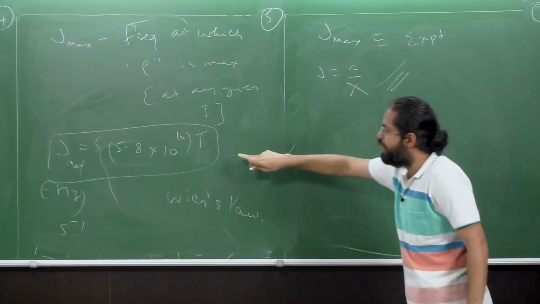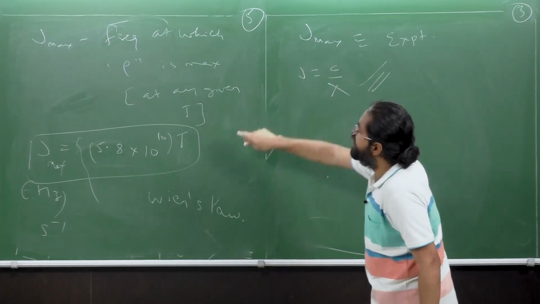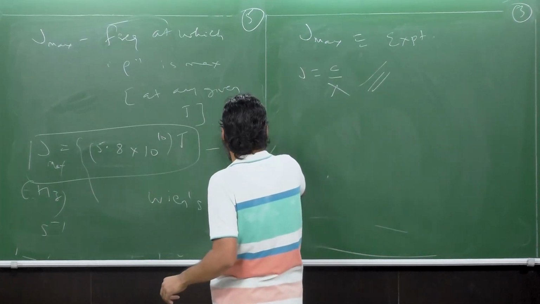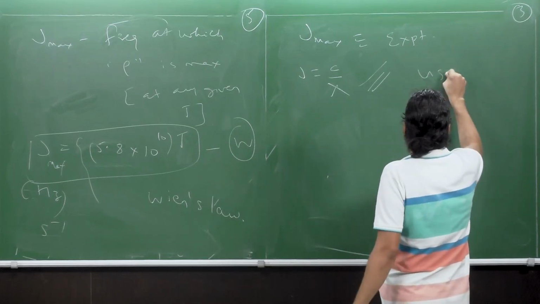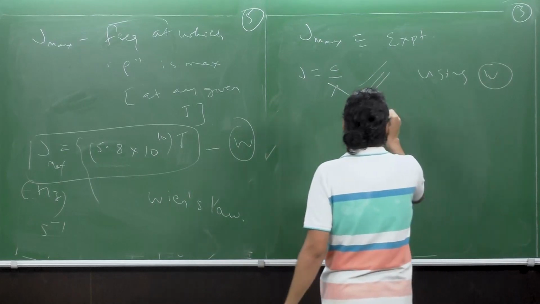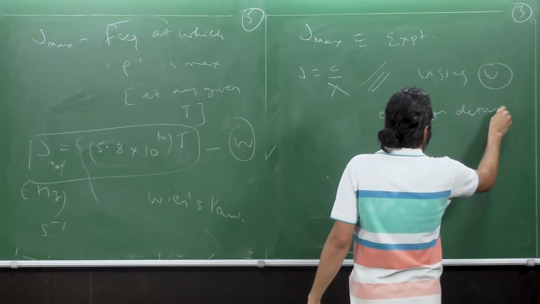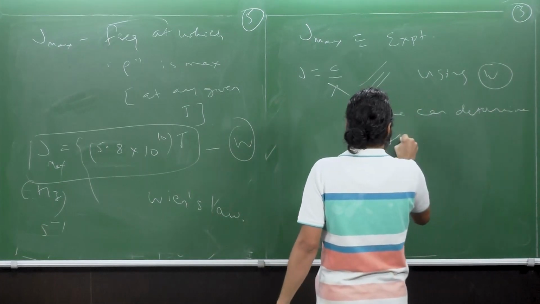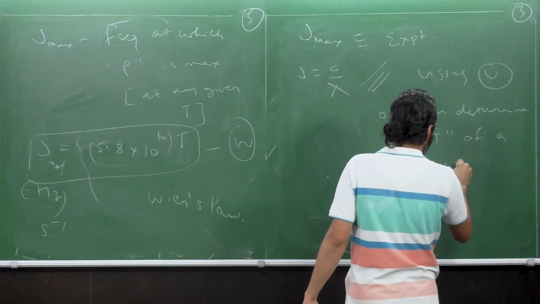So from this, after determining nu max experimentally, I'm going to call this expression W, in honor of Wien. Using W, one can determine the temperature of a star.